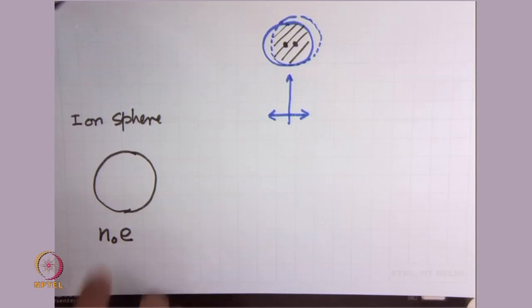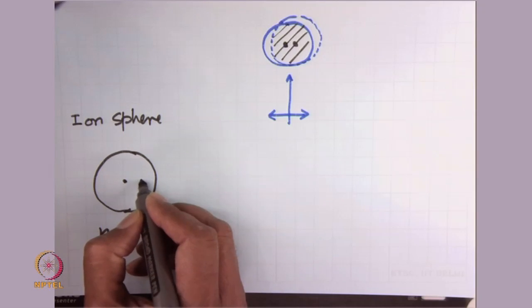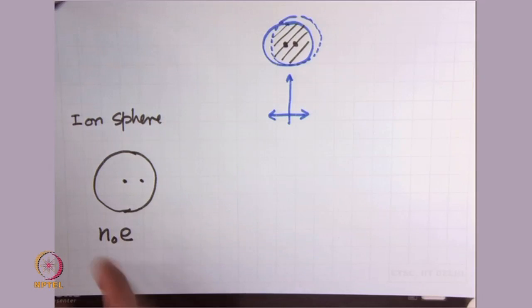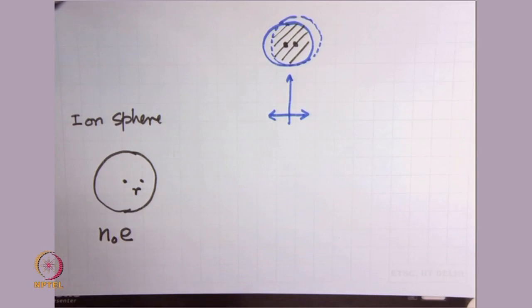This is the charge per unit volume of the sphere. Forget the electron sphere for a moment. This is the center of the sphere, and I want to find the electric field at a distance r from the center of the sphere.